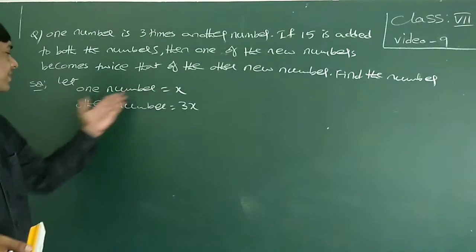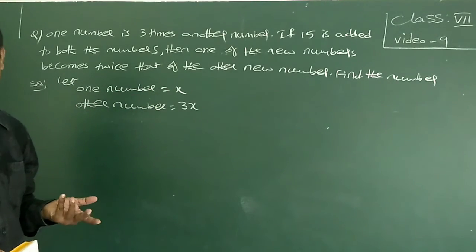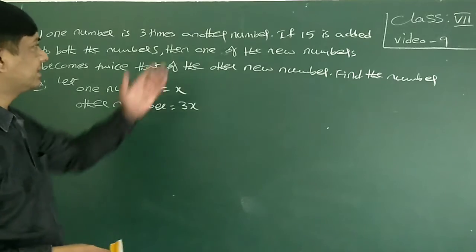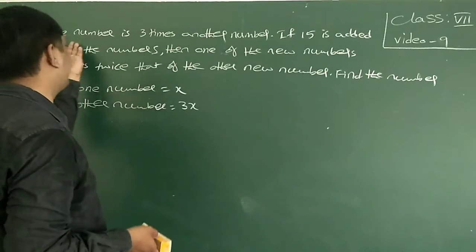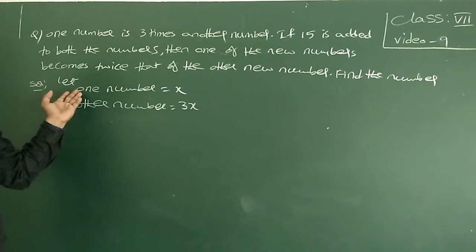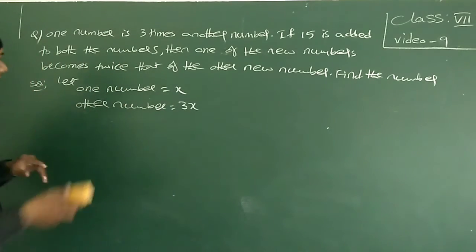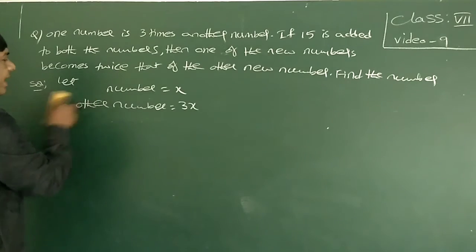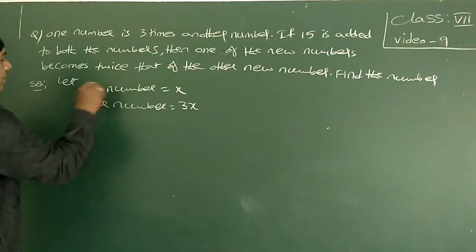One number is x, I suppose, and the other number is 3x. Let the number be x.